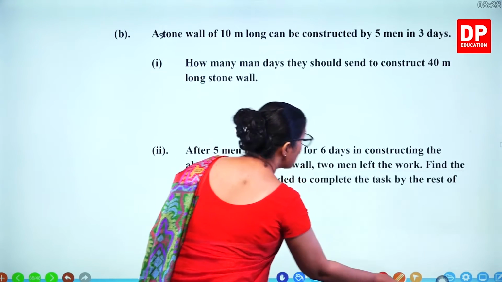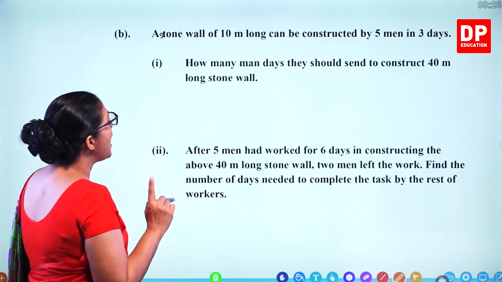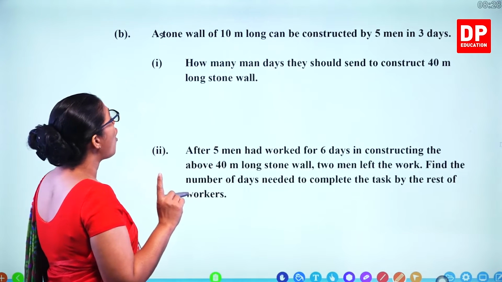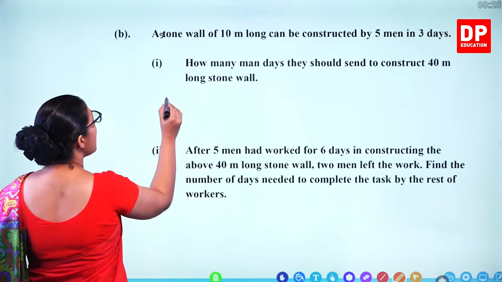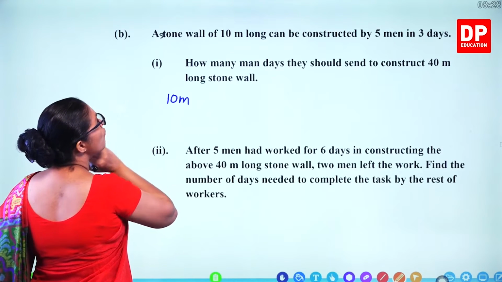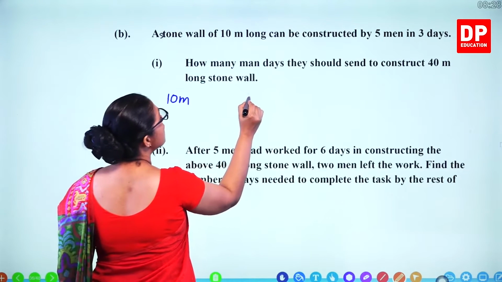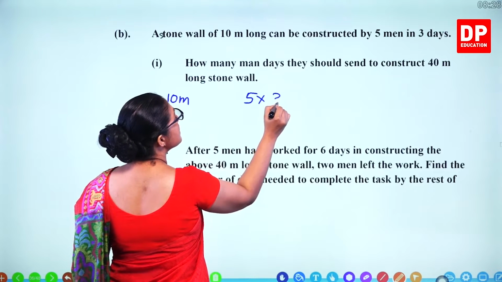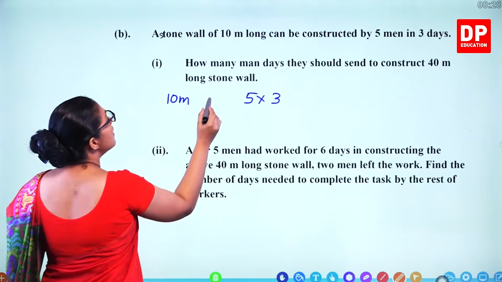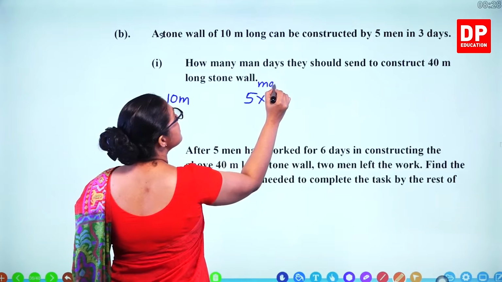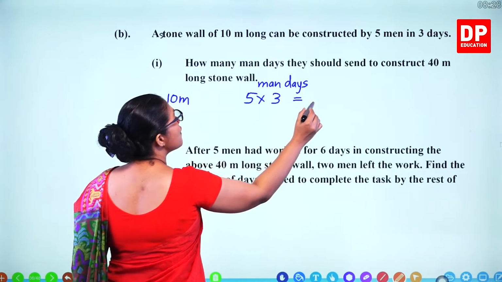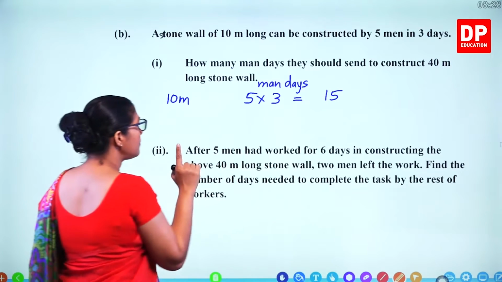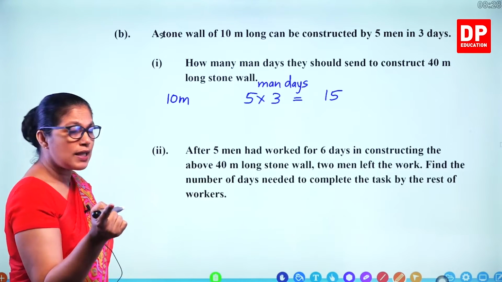So, let's do the first part. How many man days they should send to construct 40 meter long stone wall? It says for 10 meter stone wall, 5 men, 3 days. So, what's the man days? 5 into 3, 15 man days. This is for 10-meter wall.